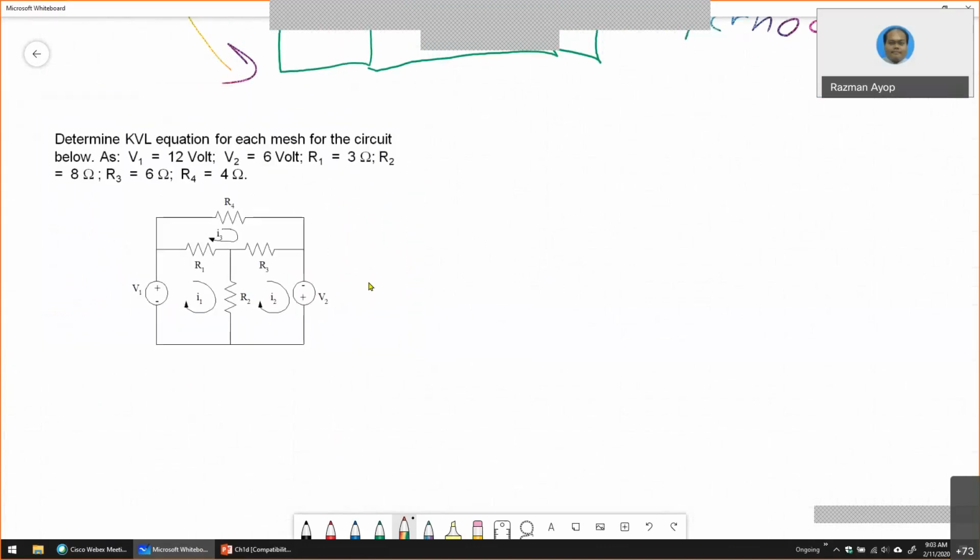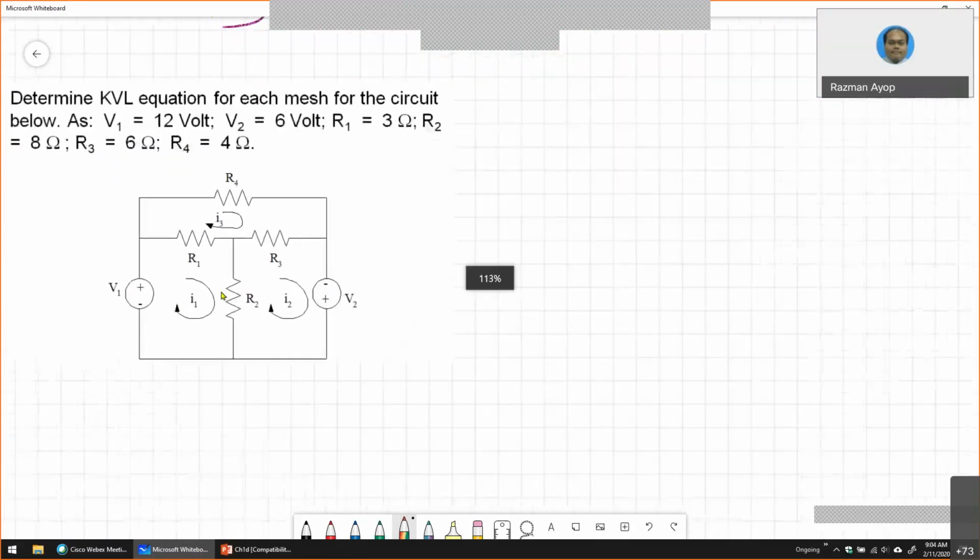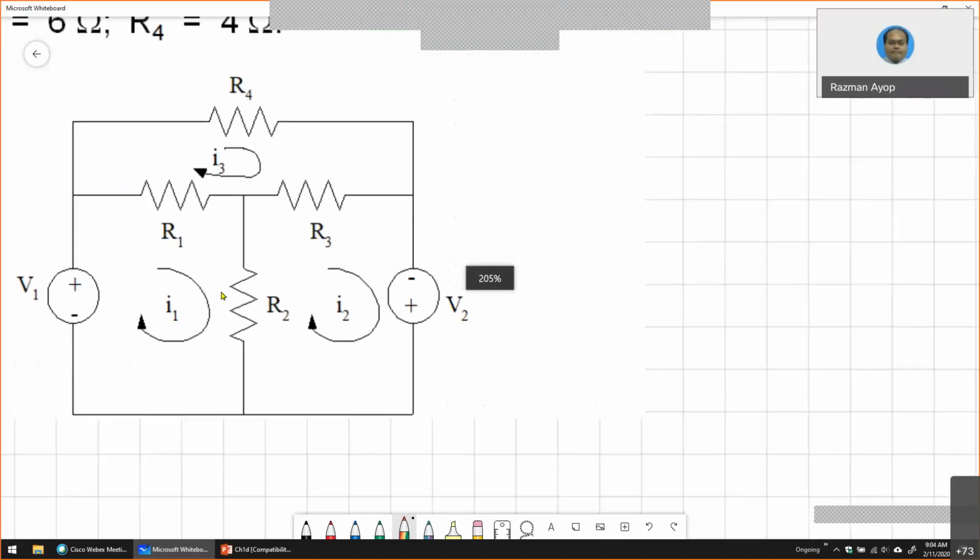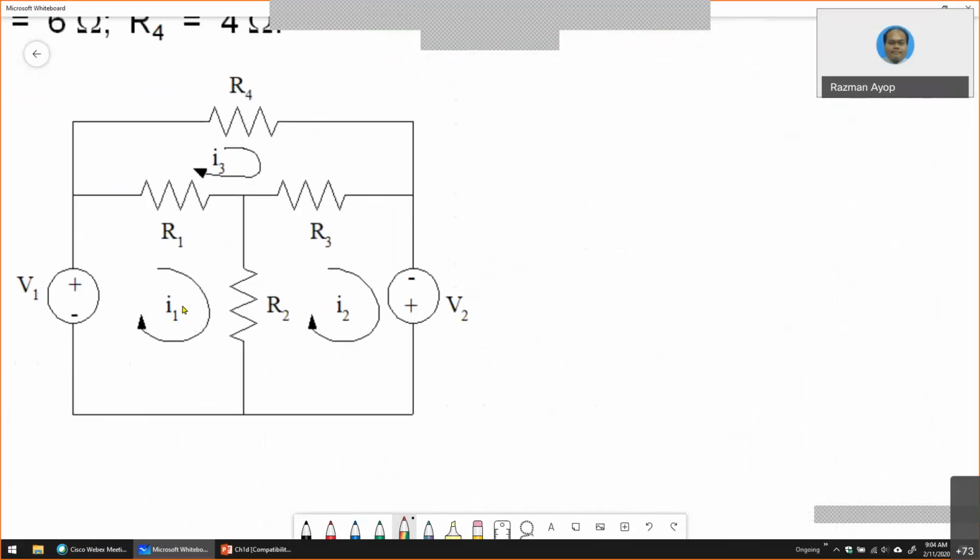First thing you have to do is assign the loop current. This is called the loop current. Remember what I showed you before? This is the loop current and this is the branch current.